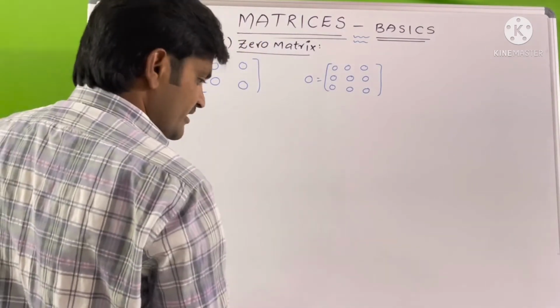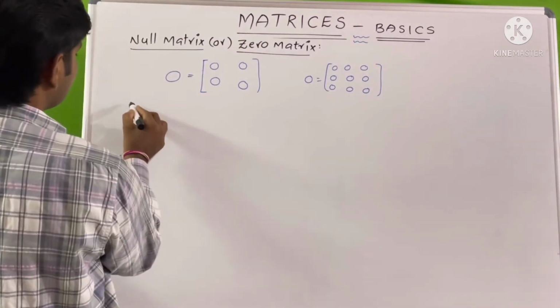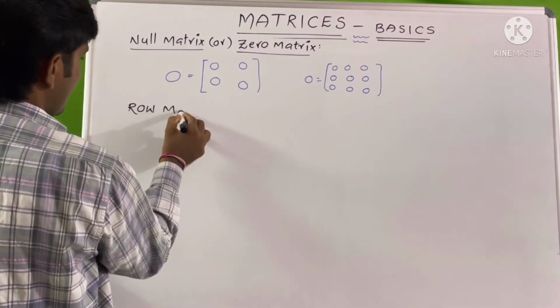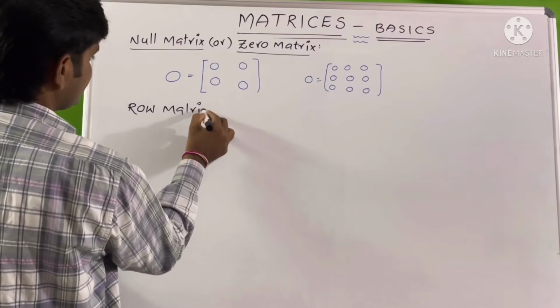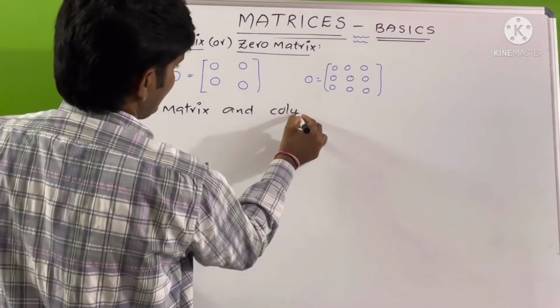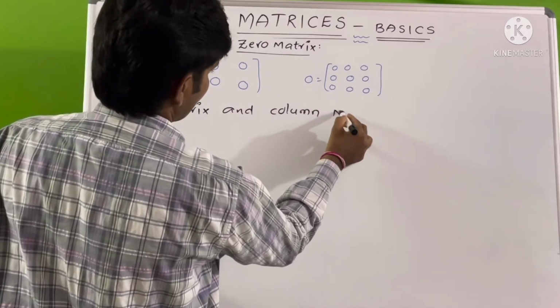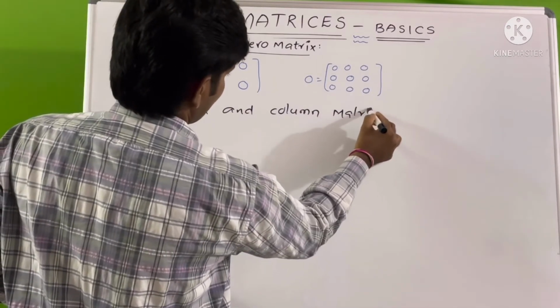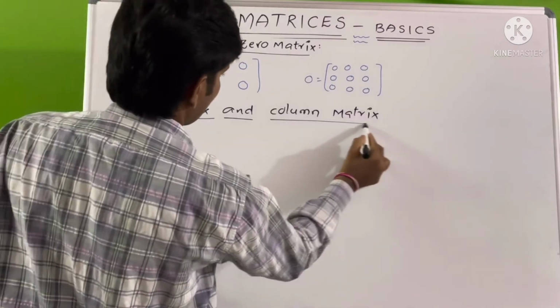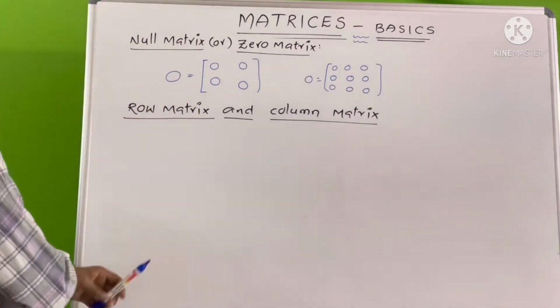The next definition is row matrix and column matrix.